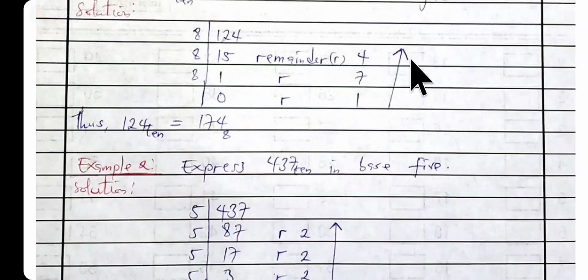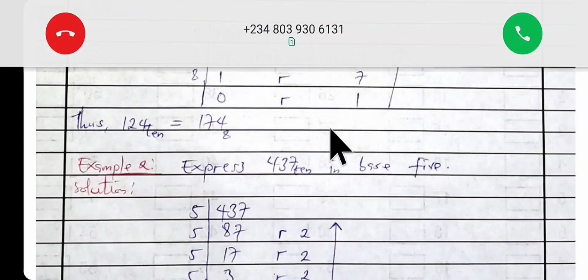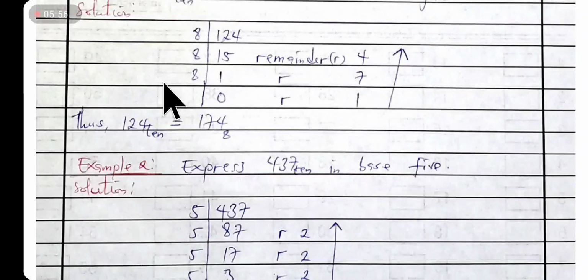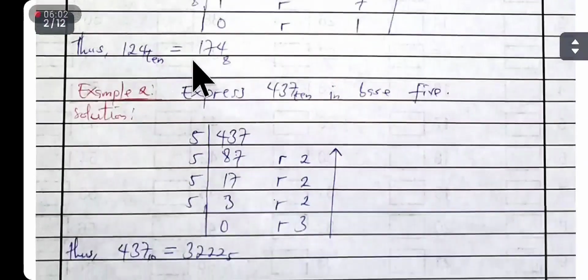This arrow means you are copying the answer upward, starting from the last remainder up to the first, 4. So therefore, 124 in base 10 is equal to 174 in base 8.